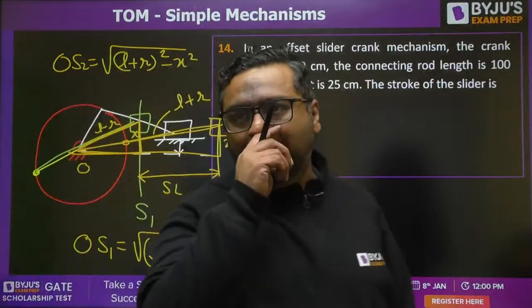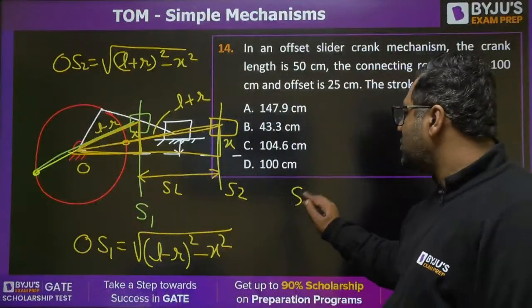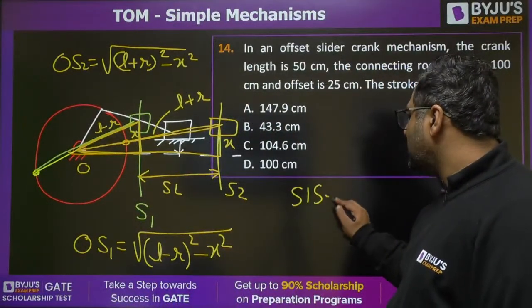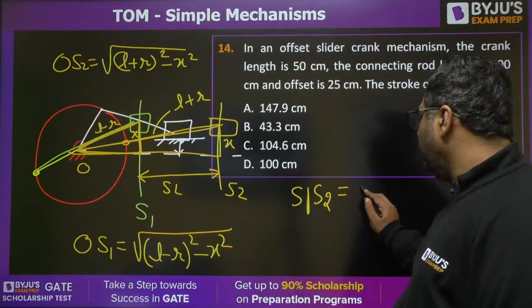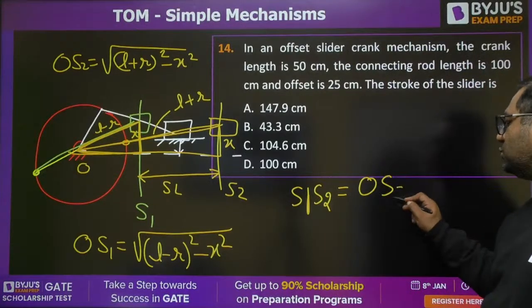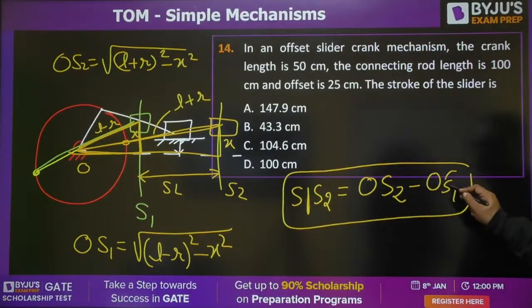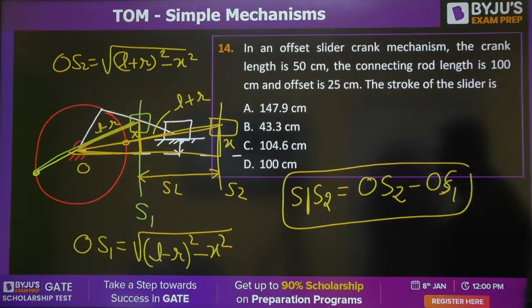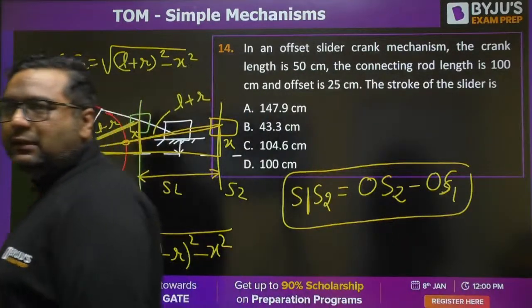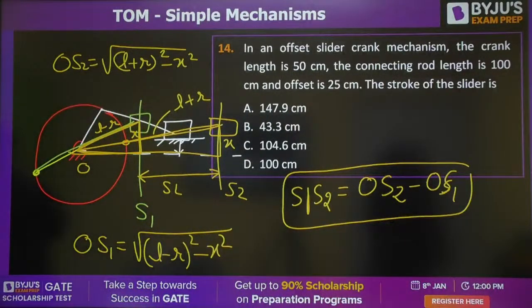Stroke length is very easy to calculate: S1 S2 will be OS2 minus OS1. Solve it.